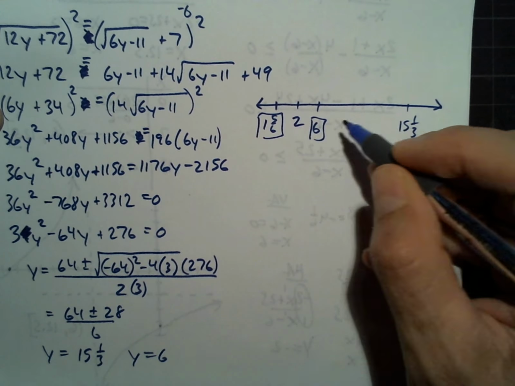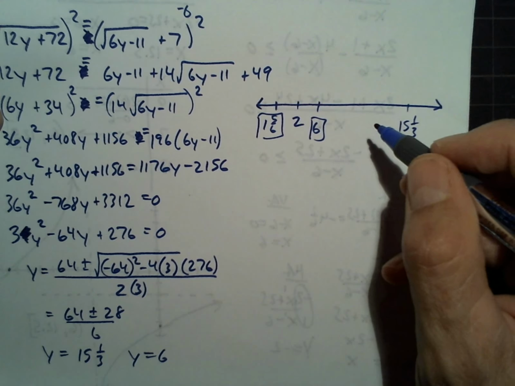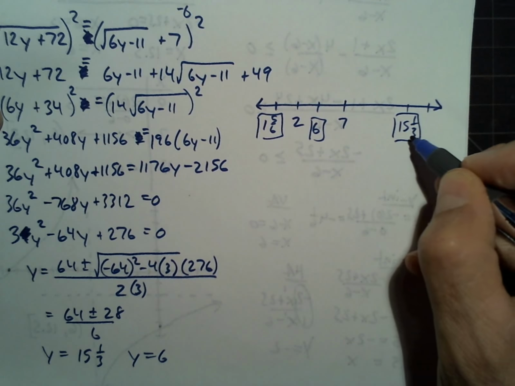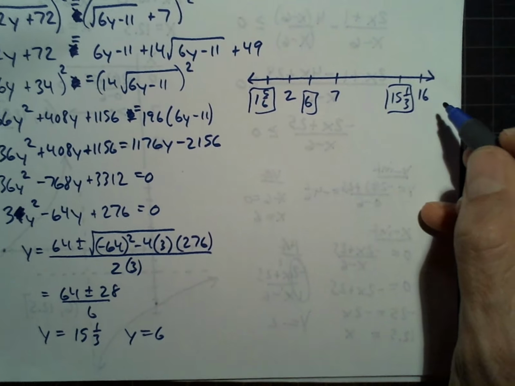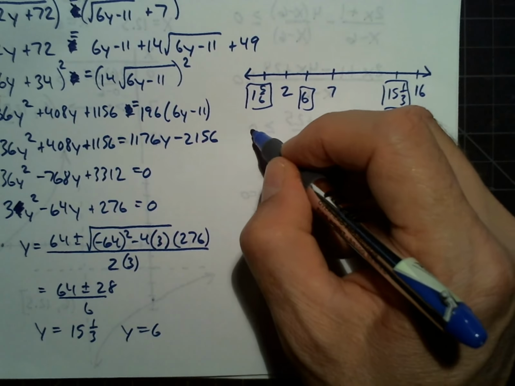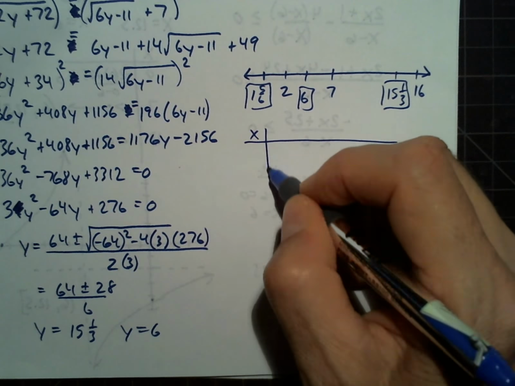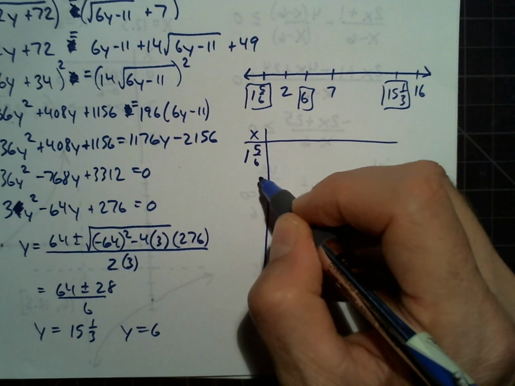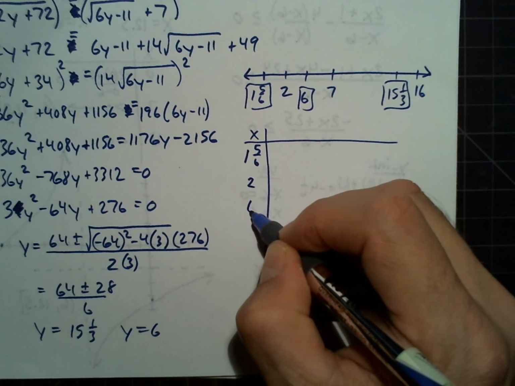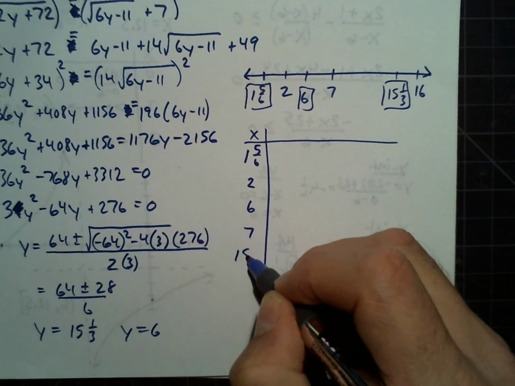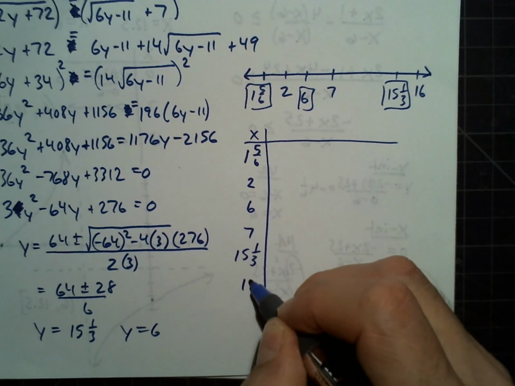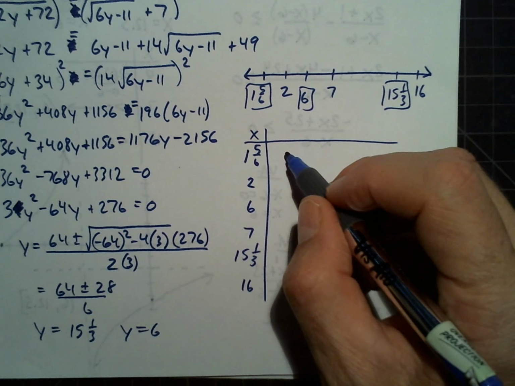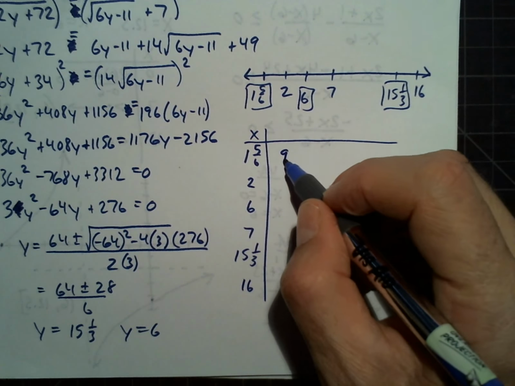Let's check 2, and then we'll check 7, and then we'll check 16. So 1 5/6, we get 9.69.